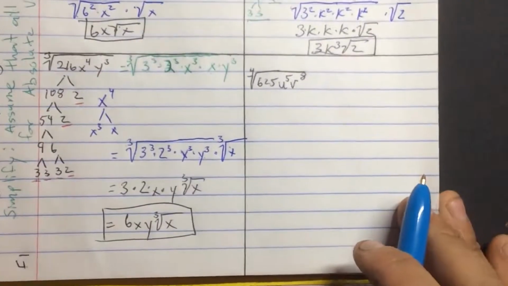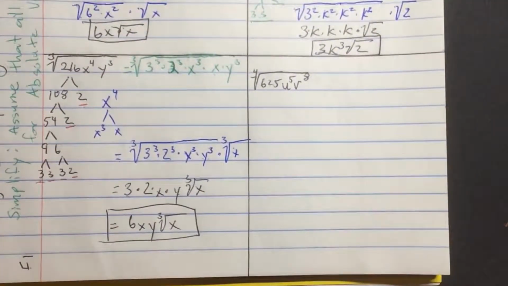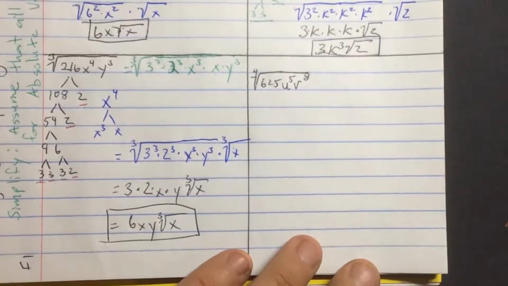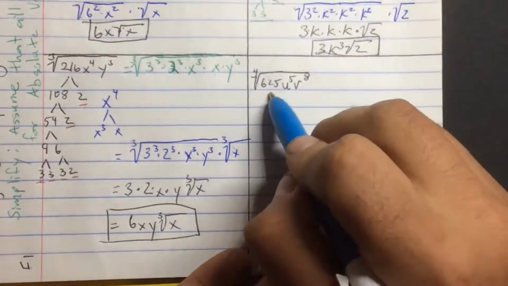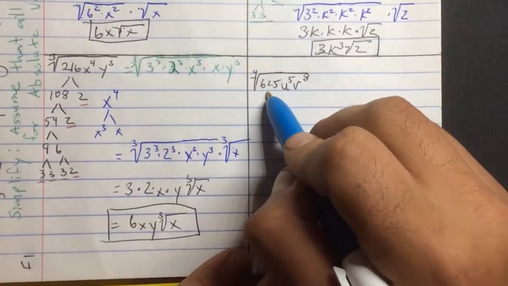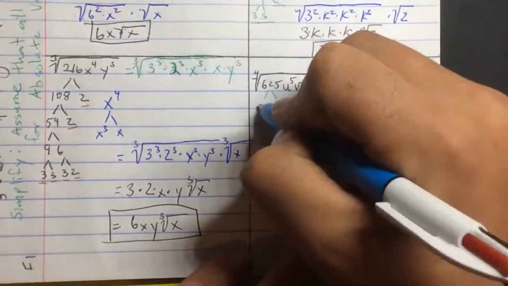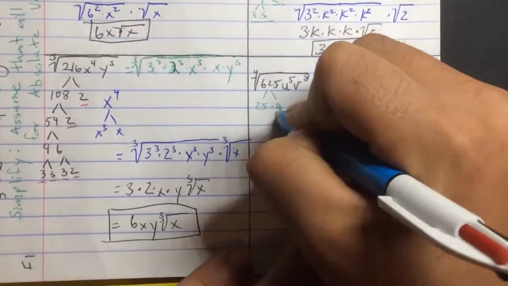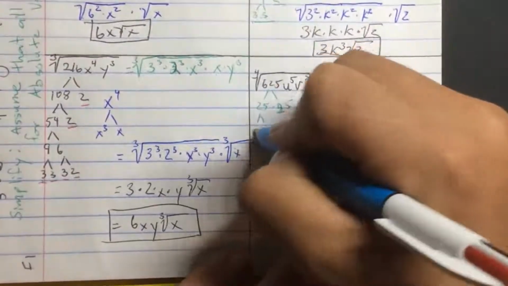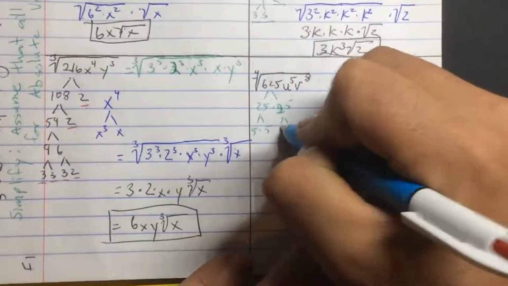Next one over here, we have the 4th root of 625. Luckily for us, we did a cheat sheet, I think it was the 6-1, for the 4th roots. We can just say this is 25 times 25, and then this is 5 times 5 and 5 times 5.